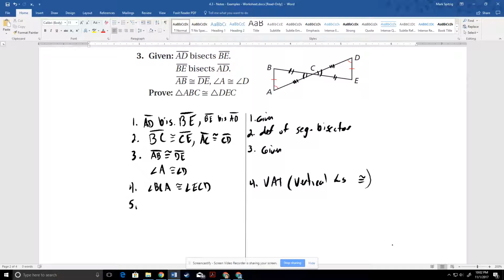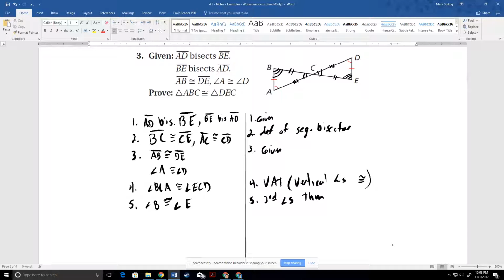And then we can say, well, step 5: we have 2 angles in the triangle that are congruent to these corresponding angles, so we can say that the third remaining angles are congruent, right? And so I can say angle B, and there's only one angle B, so I can use it, is congruent to angle E, just because of that theorem, the third angles theorem.